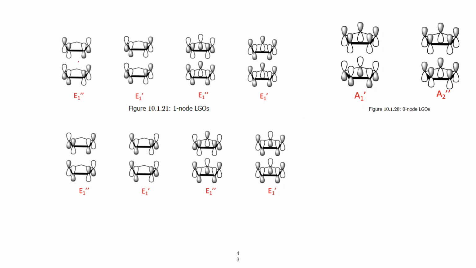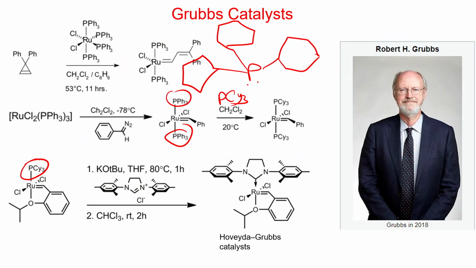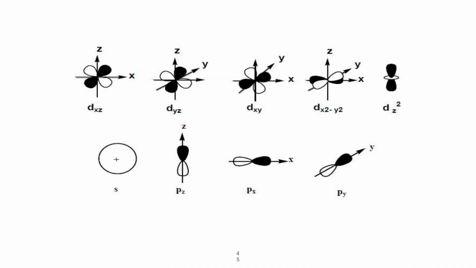This particular ligand system now reacts with your metal, forming the sandwich molecule. If we look at the orbital interaction, it's the d orbitals. We all know the xz, yz, xy, x squared minus y squared and z squared, the well-known d orbitals, and these are the p and s orbitals.